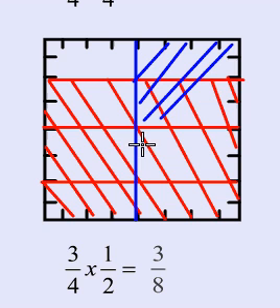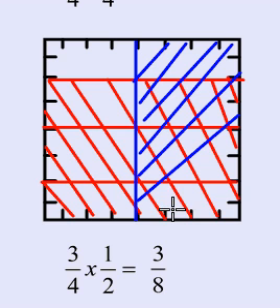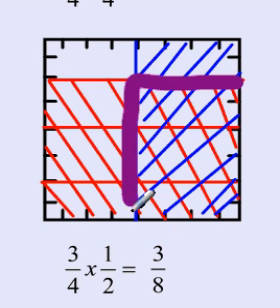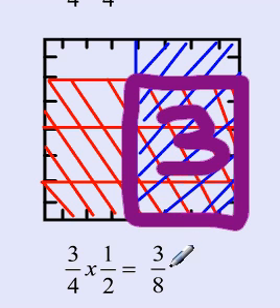And then like I've done every other time, I want to see where do I have both red and blue, and that I have right down here. These three boxes are both red and blue, which means that they're my numerator, 3/8.